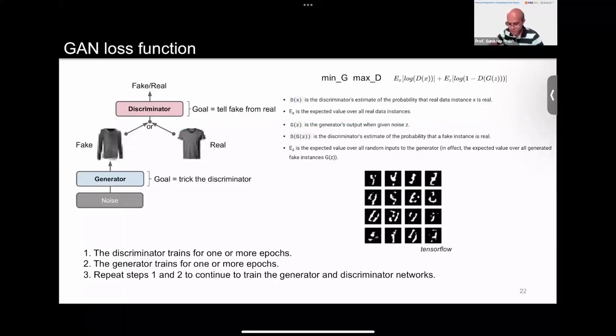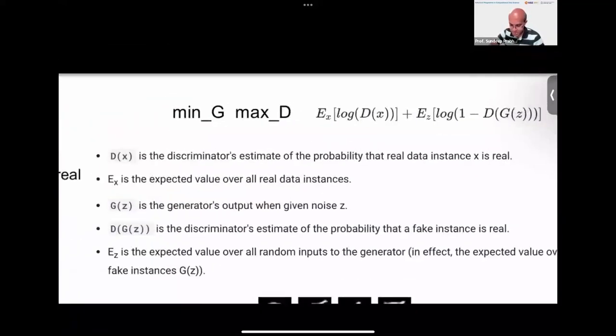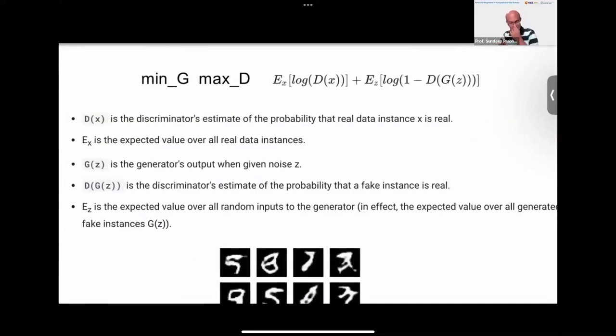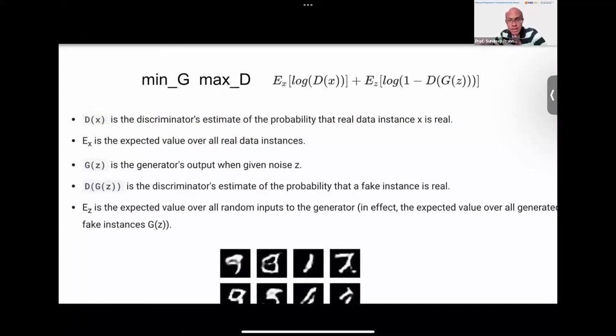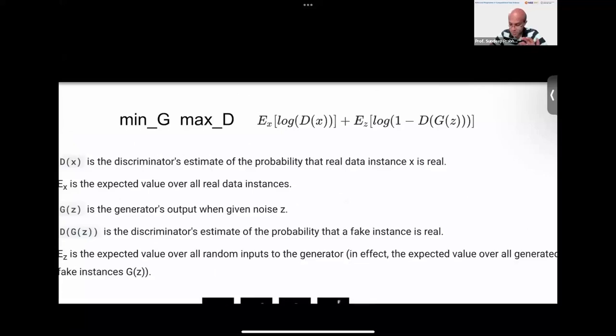Now let's take a look at this loss function, okay? This is actually a very interesting loss function and the key to this adversarial training. So recall, the discriminator is simply a binary classifier.